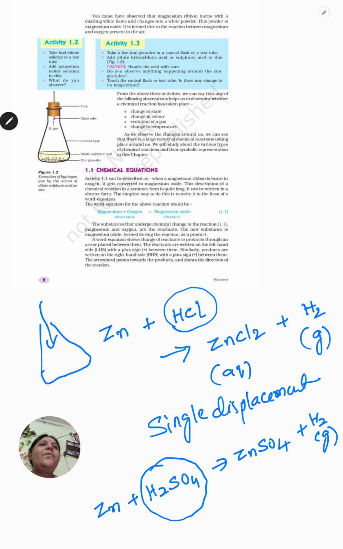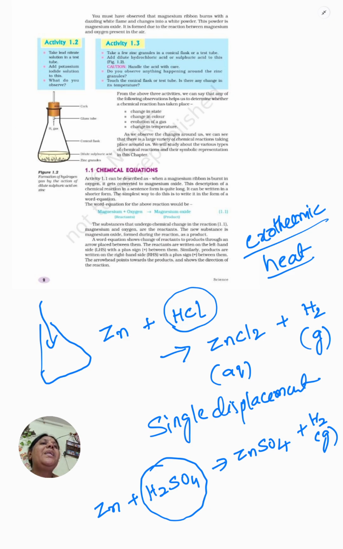If you do that one, you have to be a little bit careful while doing this experiment, because it is an exothermic reaction. Exothermic means it is going to release some heat. If you are not careful in doing this reaction, it will be hot. You cannot touch it directly.